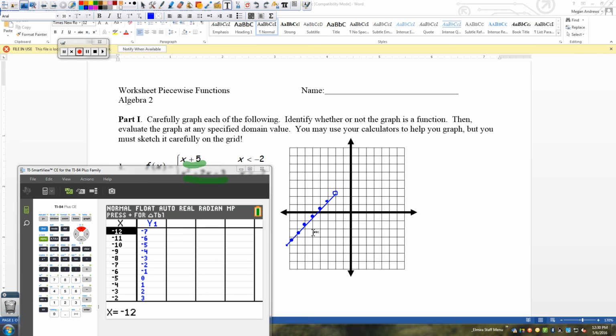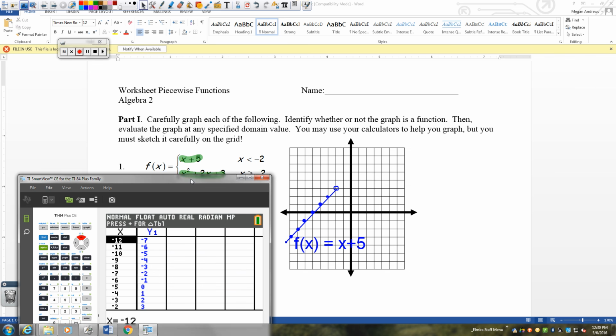And label. Well, those dots didn't stay where they were supposed to. But f of x equals x plus 5. There we go. Okay, so that's that part.